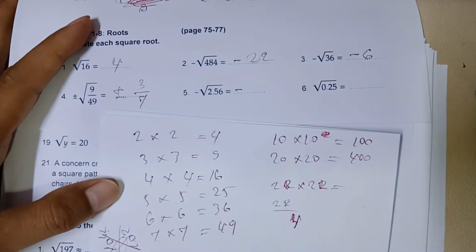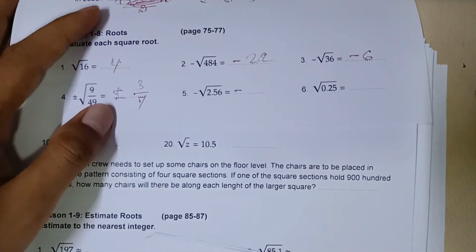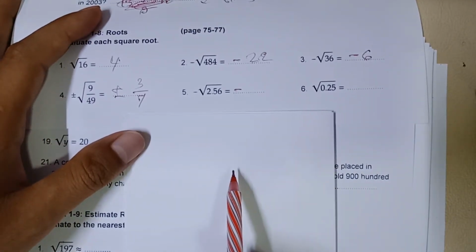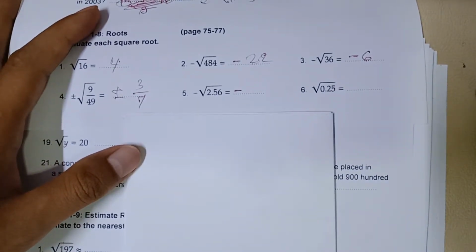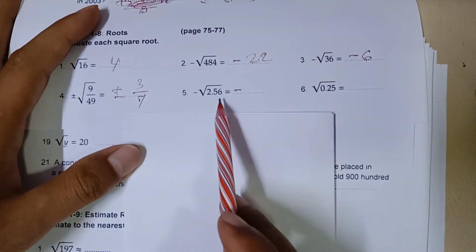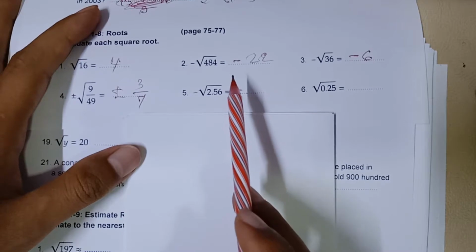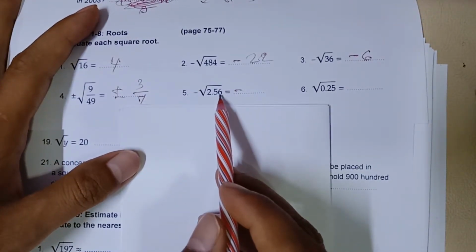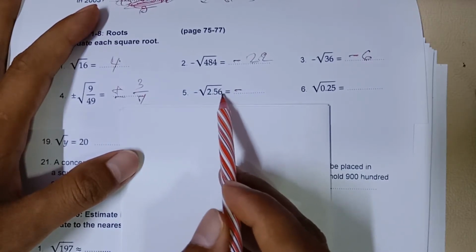Minus first, 256. Oh, this is 2.56, but to avoid confusion, just think of 256. So think this is 200, it is below 20. If it is 400, it's above 20. So it is below 20. You need to think what number will give you the 6 at the back.